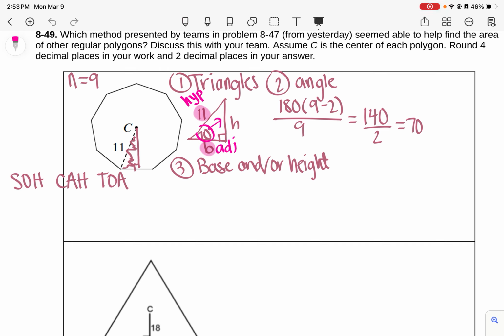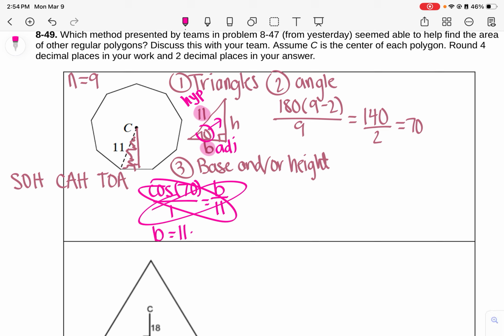So adjacent and the hypotenuse would be cosine. So I'm going to say cosine of 70 over 1 equals, A goes on top, so adjacent, which was b, over H goes on bottom, which is hypotenuse, which is 11. So then we cross multiply, b times 1 is b, equals 11 times cosine of 70.